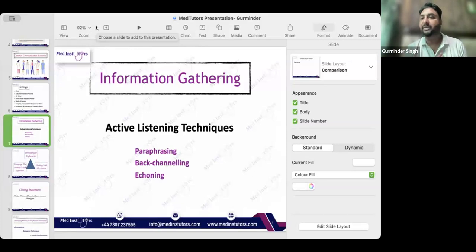I'll tell you one more scenario. Suppose the patient wants to be discharged right now from the hospital, he doesn't want to stay here, and I'm trying to tell him that you need to stay here for your treatment. He's saying that I'll continue my treatment at home, so let me go.